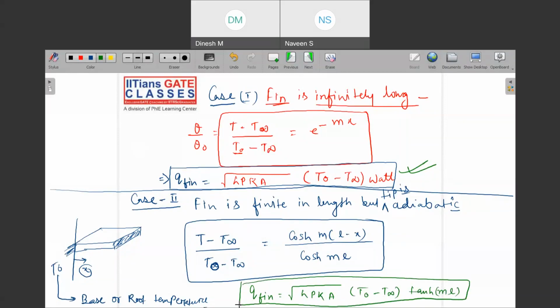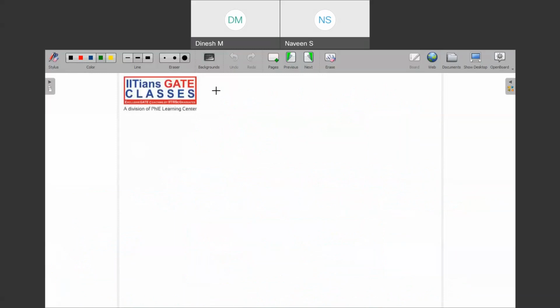Okay. Now let us move to case third. Here your fin is finite in length but losing heat through its tip.